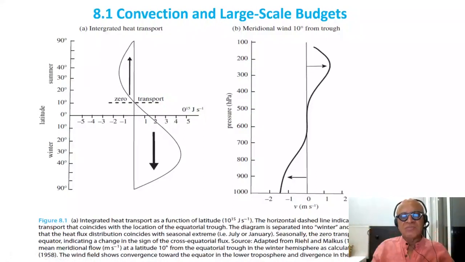We're just looking at some ideal situation here and looking at meridional winds 10 degrees from the trough in the winter hemisphere. You have convergence into the ITCZ, and you have divergence above. So you can begin to see the link between the lower and the upper atmosphere, and how this happens is a key question. That's what the chapter is all about.